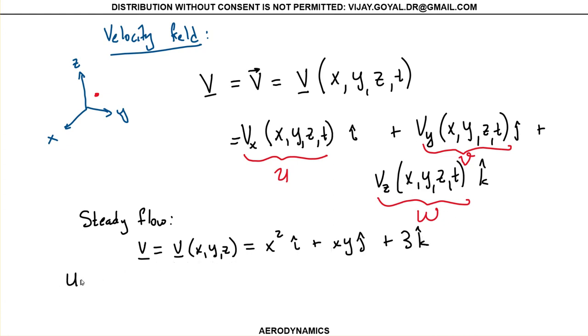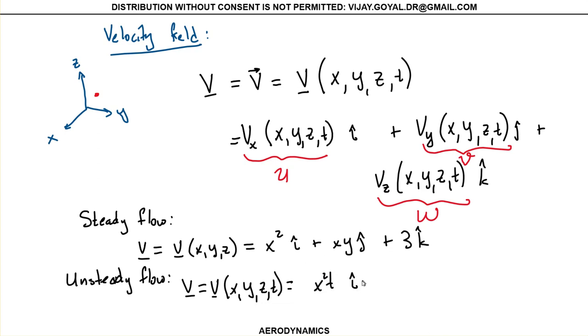If it's unsteady flow, then V is going to be a function of x, y, z, and t. But now note that I can have constants multiplied by a t in the problem as well.